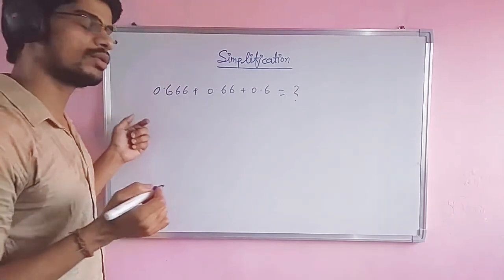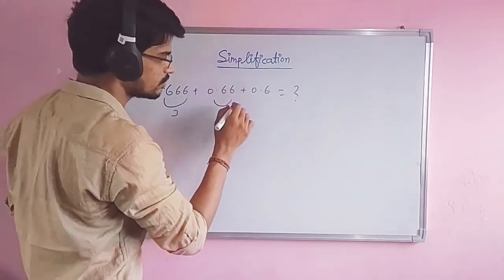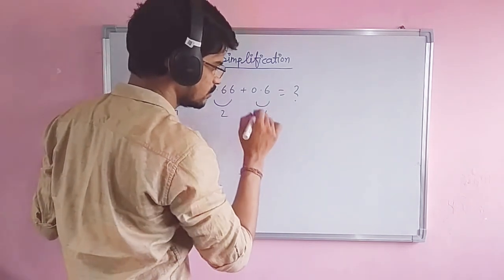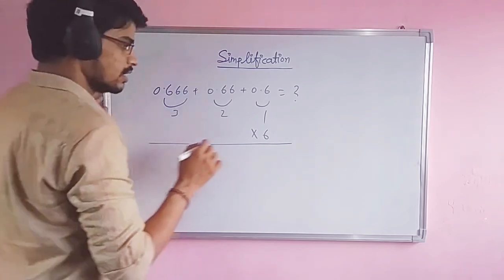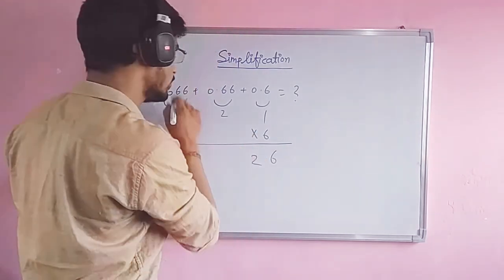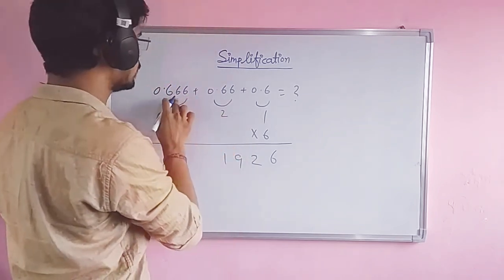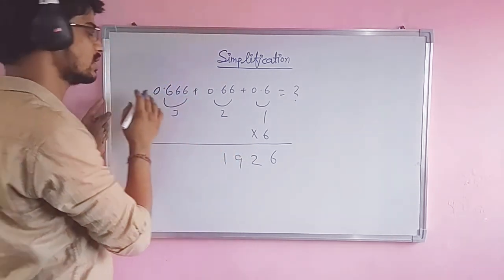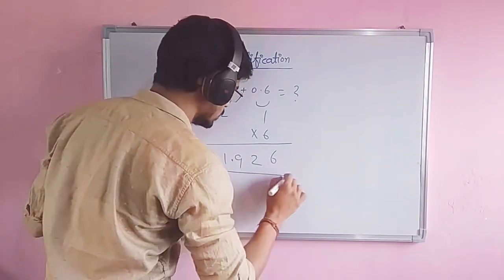The repetition of 6 is 3 times here, 2 times here, and 1 time here. Multiply by the 6. 6 2s are 12, carry 1, 6 3s are 18 plus 1 is 19. The decimal point goes after 3 places from the right, that's why we use it.